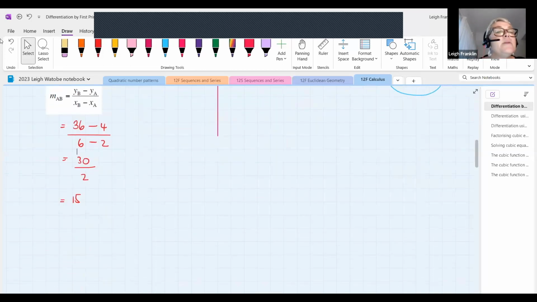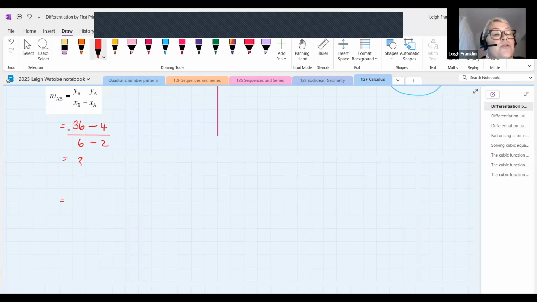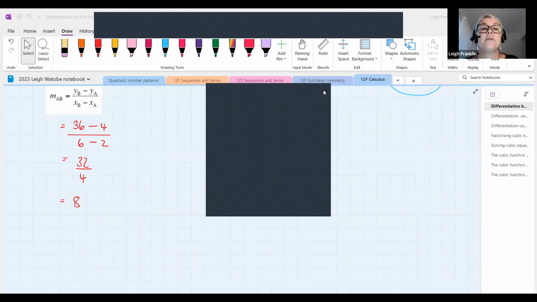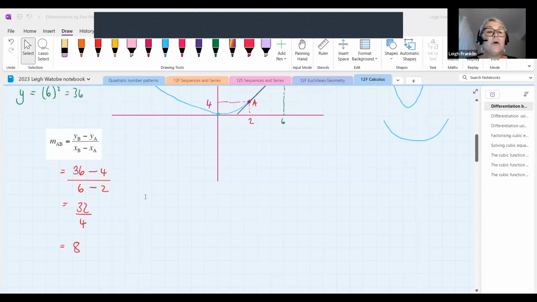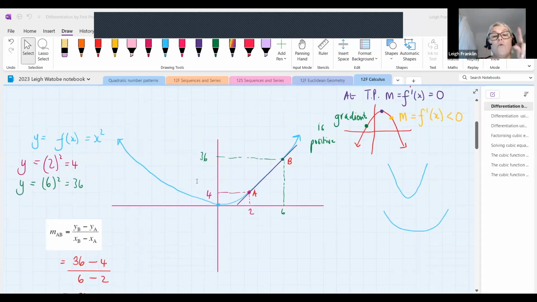That's going to give me a different gradient. That would be 32 over 4, which would be an average gradient of 8. That's better. So again, it's positive. That's because as I walk from A to B, I am walking uphill.